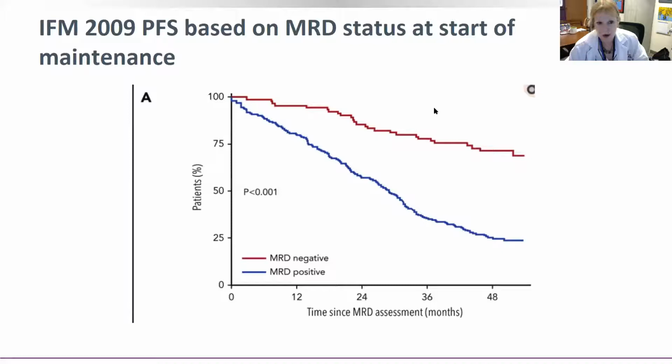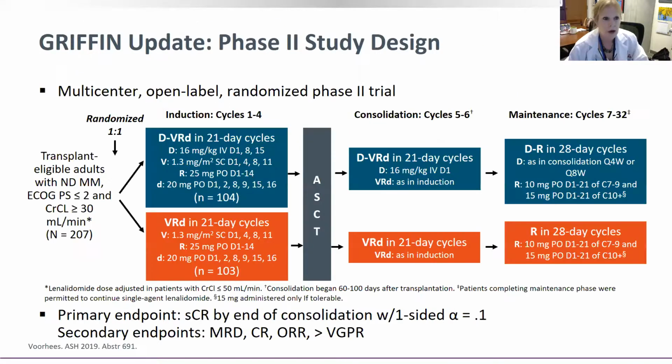And what they ended up showing is that even if you didn't get a transplant, if you are MRD negative, you're doing better in terms of your progression-free survival. So again, it looks like using MRD negativity as a way to determine how somebody is doing or going to do may be valid. So 2 studies are showing that.